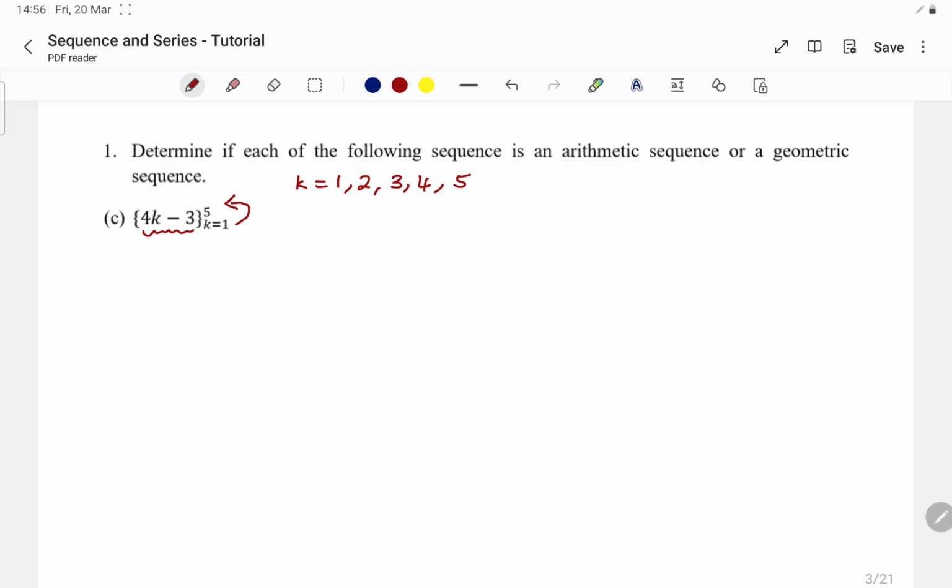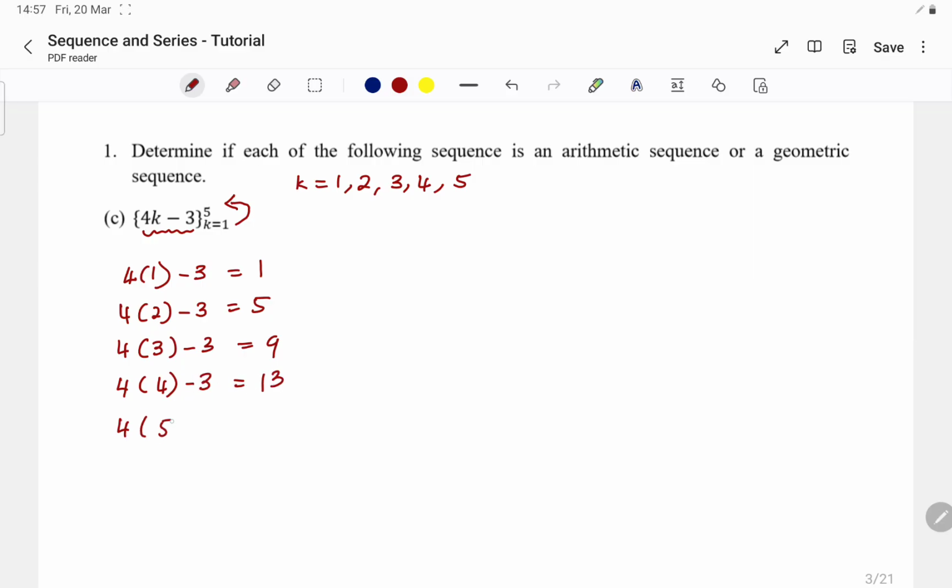You have to substitute inside 4k minus 3. So 4 multiplied by 1, minus 3, you will get 1. 4 multiplied by 2 minus 3, you get 5. 4 multiplied by 3 minus 3, you get 9. 4 multiplied by 4 minus 3 equals 13. 4 multiplied by 5 minus 3 equals 17.